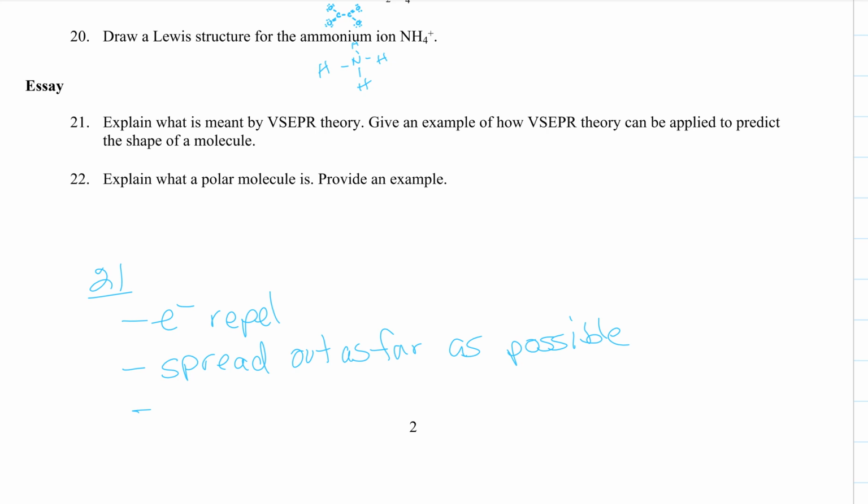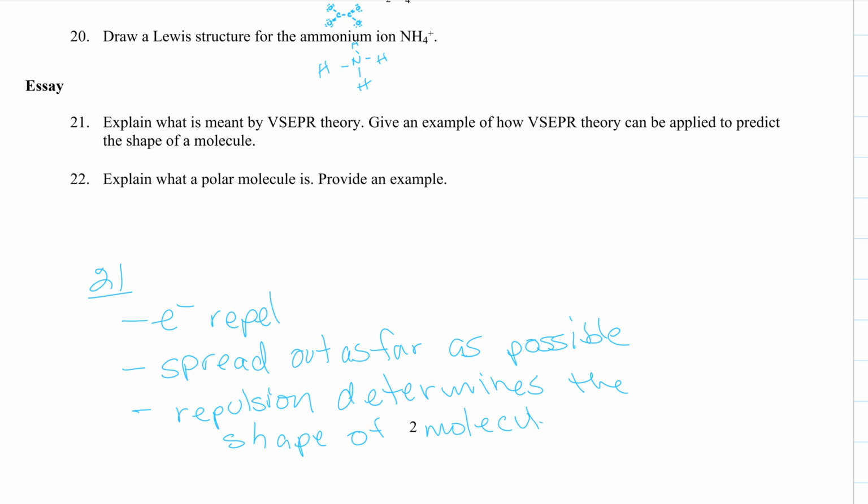So basically, the repulsion determines the shape of the molecule. Okay, and there were 5 basic shapes that you needed to know. You might want to go back and review those.